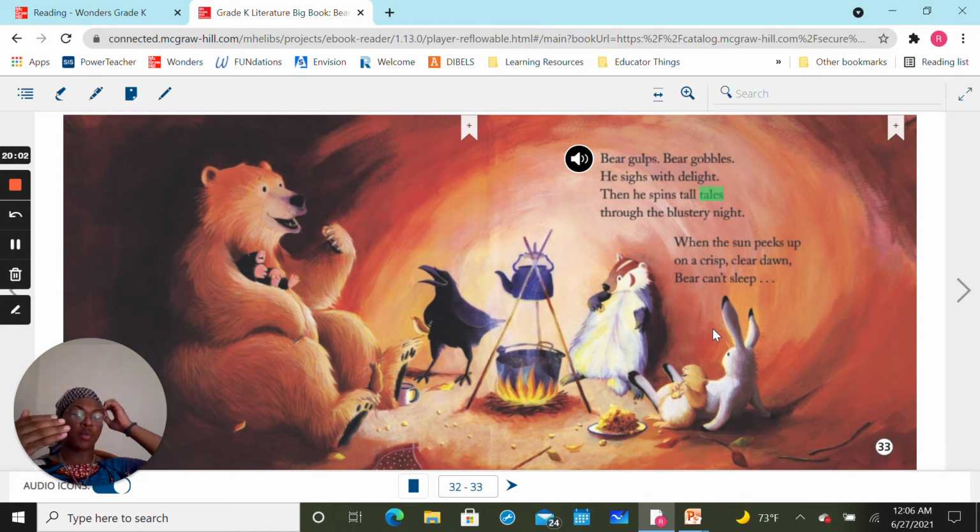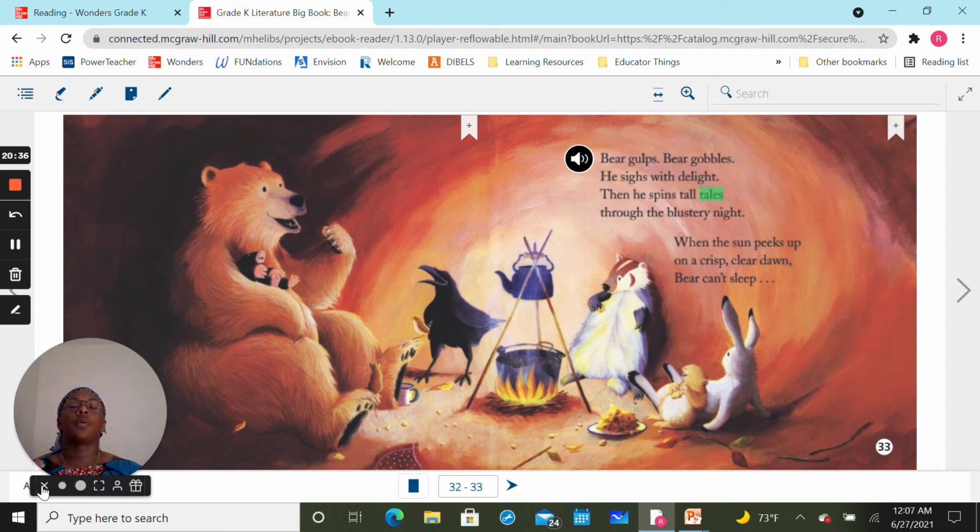And when we visualize, or we make a picture in our minds of what this looks like, we can see in our minds Bear is talking and his hands are moving and he's so excited, and then this happened, and then this happened. And we can tell from this image that we created in our mind that they are having a very good time. And we can look and see confirmation of that because we can see that Bear is smiling, we can see that the mole and badger are smiling.